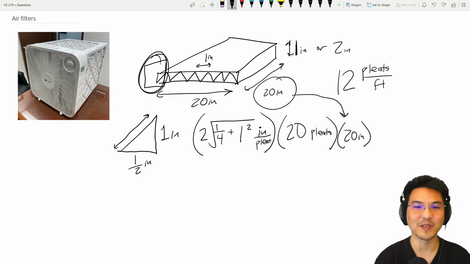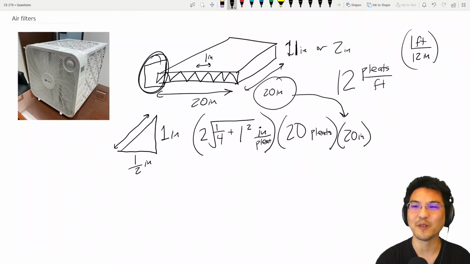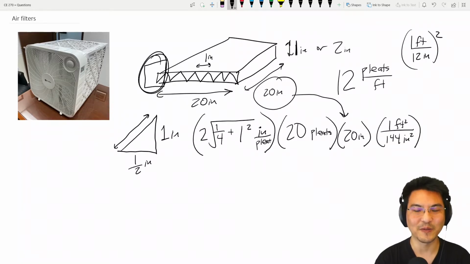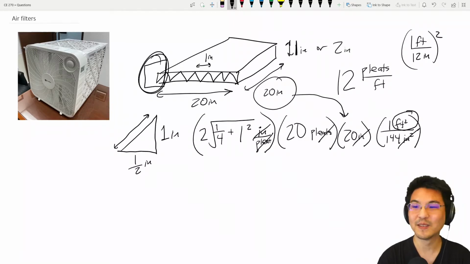For convenience, why don't we just convert this to feet? So there's 12 inches per foot, and if you square that, then there's 1 square foot for every 144 square inches, right? So if we take a look, that cancels inches, inches, square inches, so the units will be square feet.